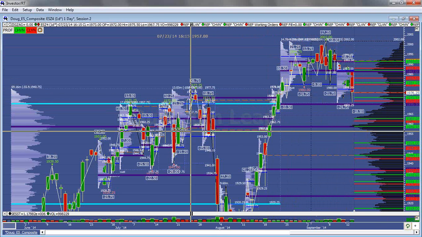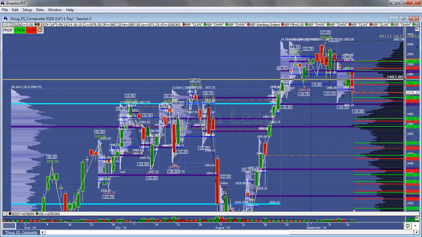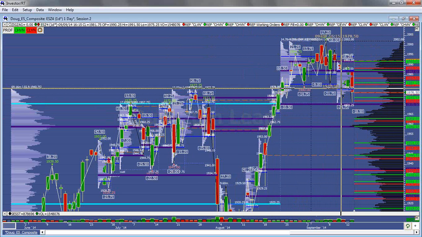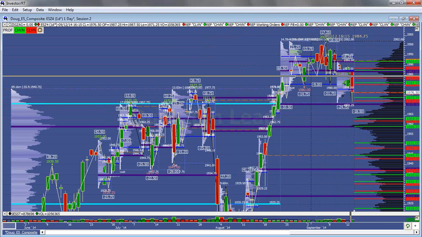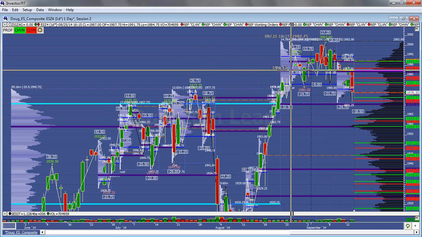We were looking for a move down to test the 78.75 that was the microcomposite value area high on the September contract, adjusted down to 71 right now. We have come down and tested that. But we're trading below value on both the shorter time frame microcomposite and the bigger time frame microcomposite.